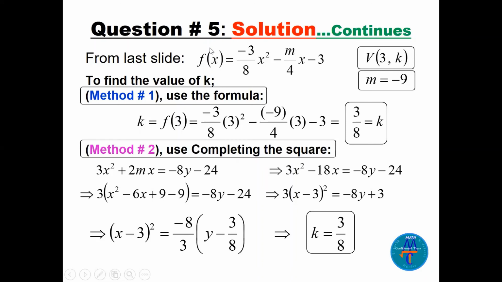And you know f of x always is y. So f of 3, if I replace h equals 3 in the function, it will be minus 3 over 8, 3 squared, minus, the m is minus 9 over 4, times 3 is the x, minus 3.